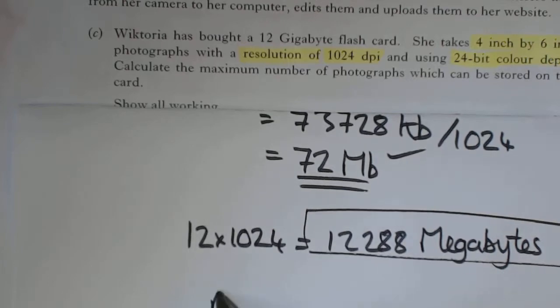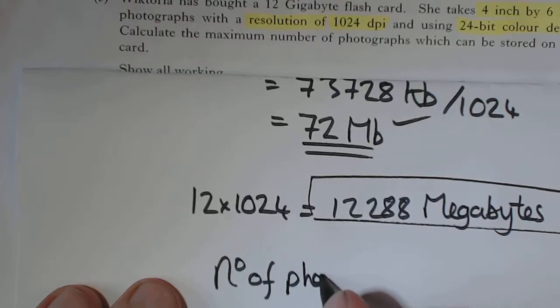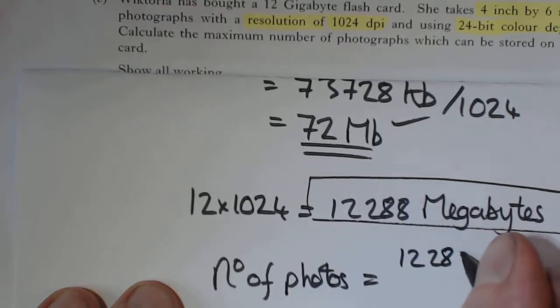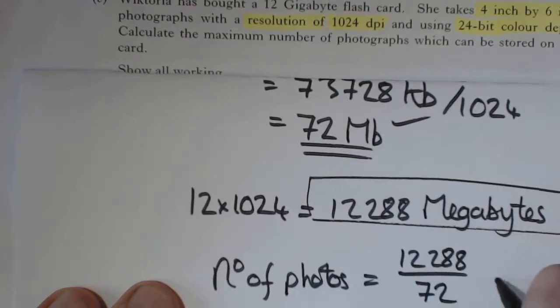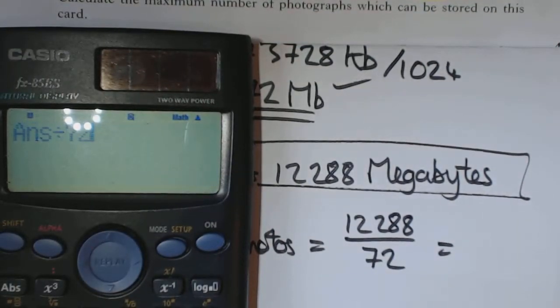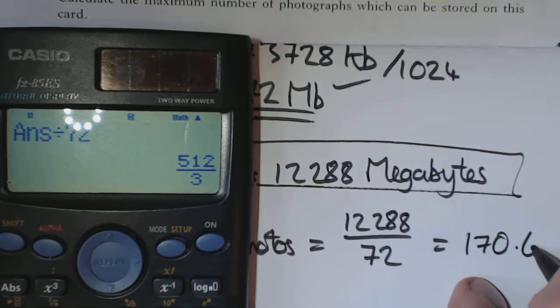So the number of photos equals the total size of the card divided by 72. I'll work out that this is 512 divided by 3, which is 170.6.